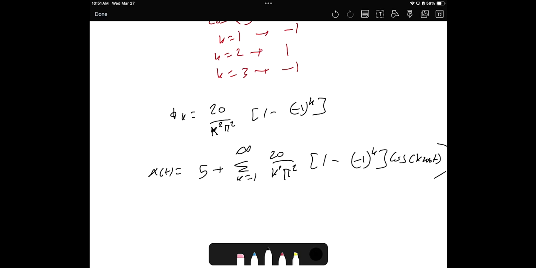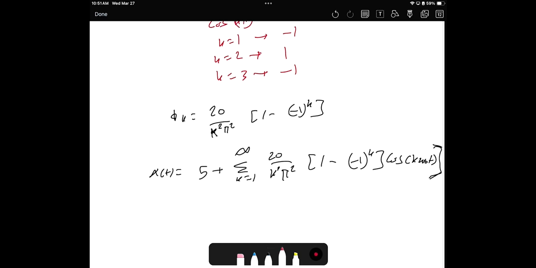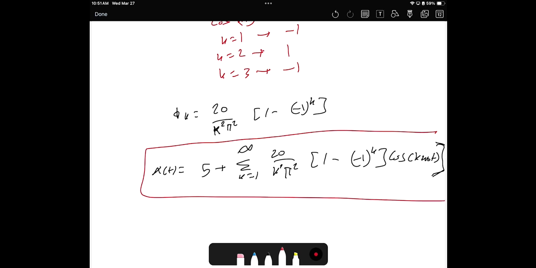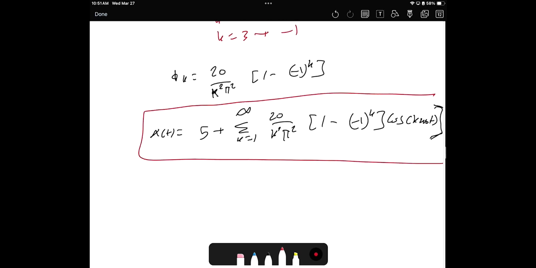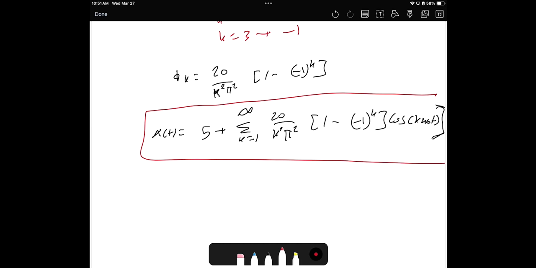That is the overall expression for this question. We can substitute omega naught as 2 pi over t, which is 2 pi over 4, in other words pi over 2, so it can be cosine of k pi over 2 t.